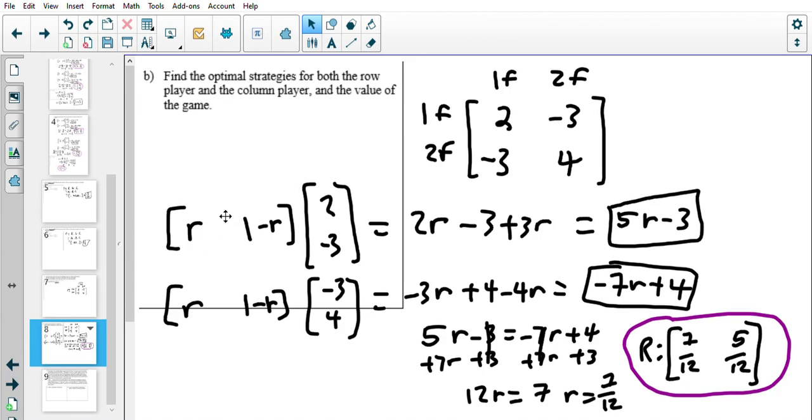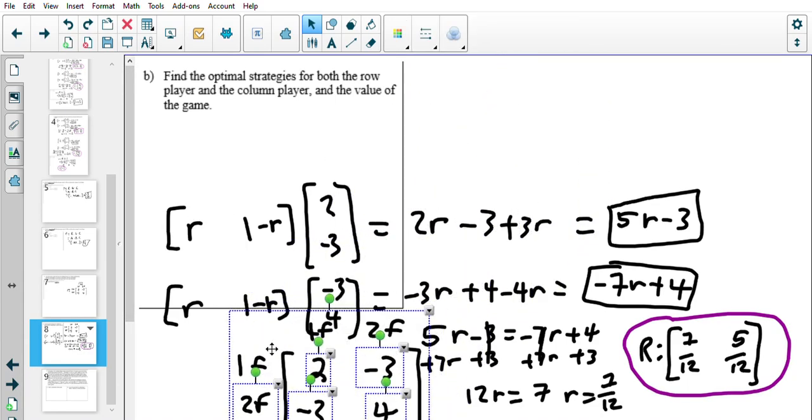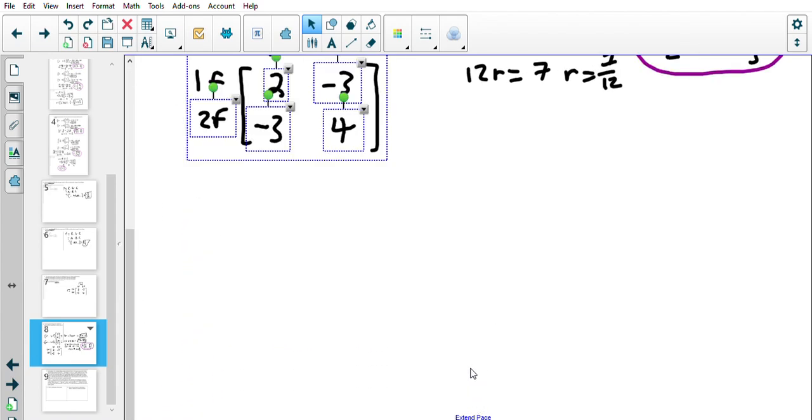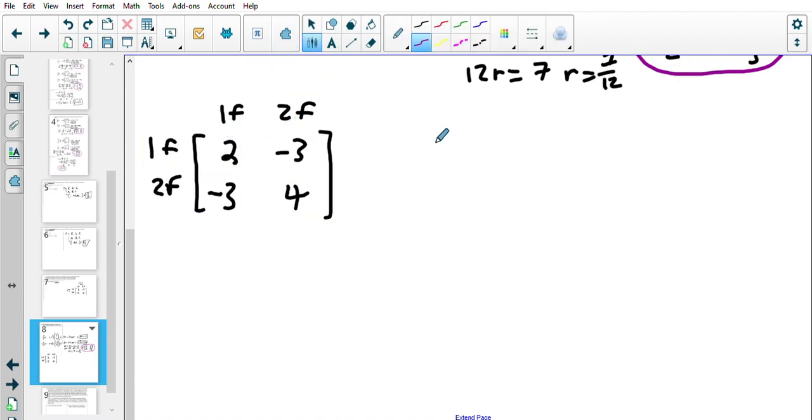Now, what about the column player? Let's see, can I bring this down here? Okay.